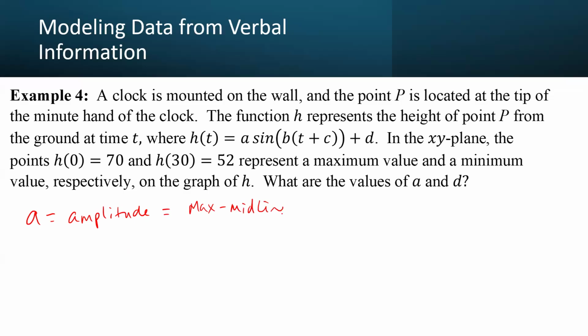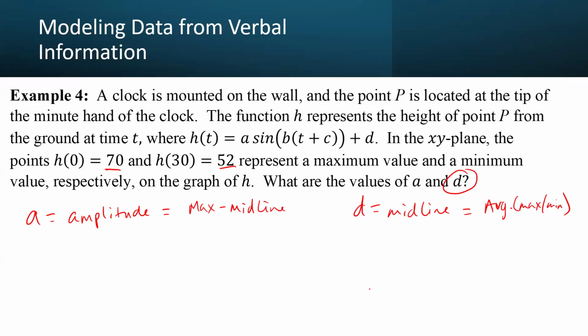So in order to find my amplitude, I need to find my what? Well, we know our max, guys. It says it. We need to find our midline, which is our D. Your midline equals just the average between your max and your min.